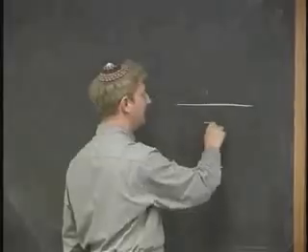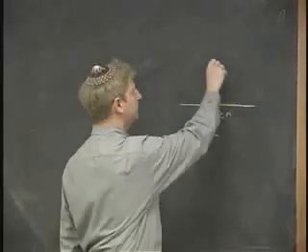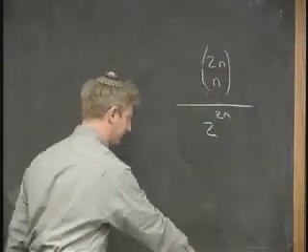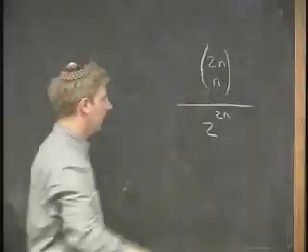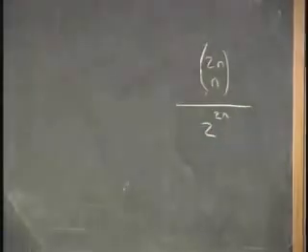So in general, what would the formula end up being? The bottom is 2 to the 2n, and the top is 2n choose n. Good. We're going to work with this for a little bit. And instead of me saying, okay, just do the algebra yourself, today we're actually going to do the algebra because I think it's important.